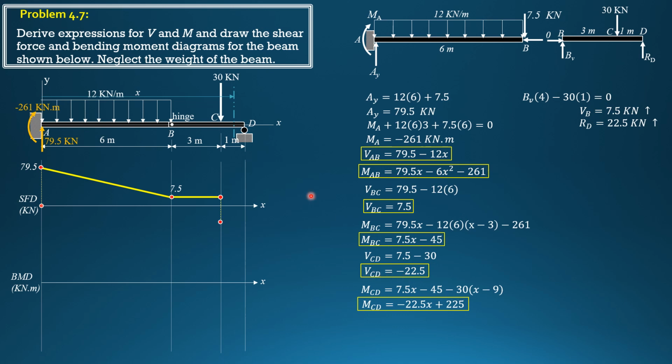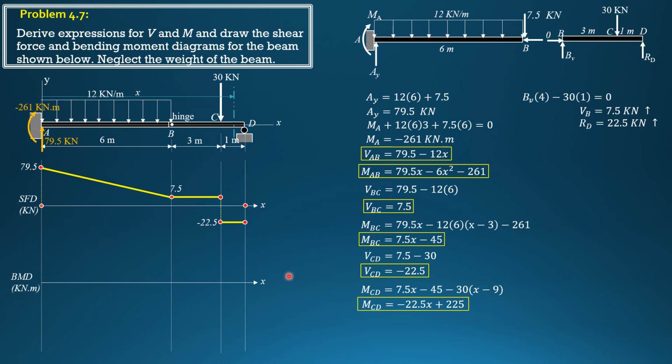Then when x is 10, it is still negative 22.5. So it is just horizontal like that. So since the reaction here is 22.5, that means if we have an extension here, it will be close to 0.